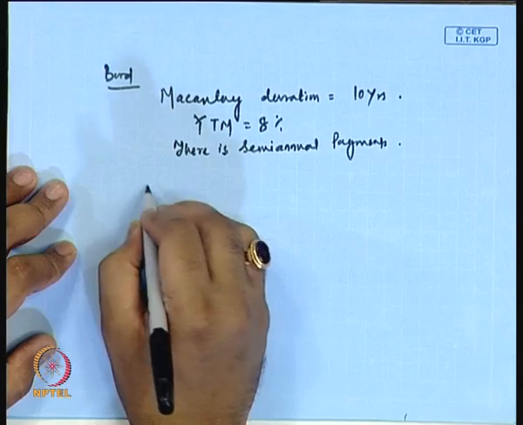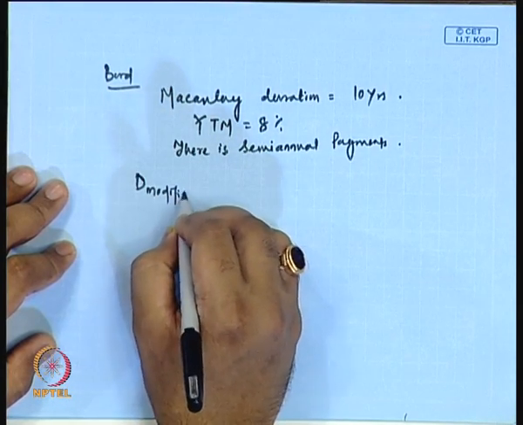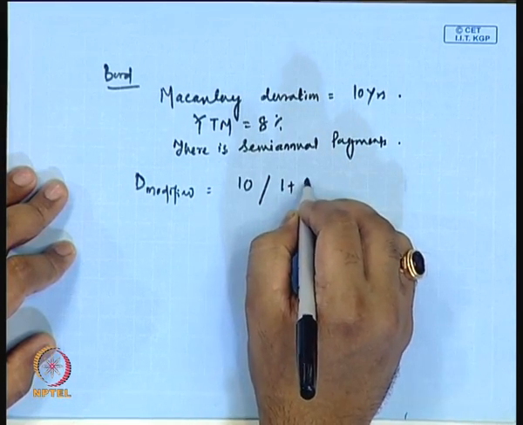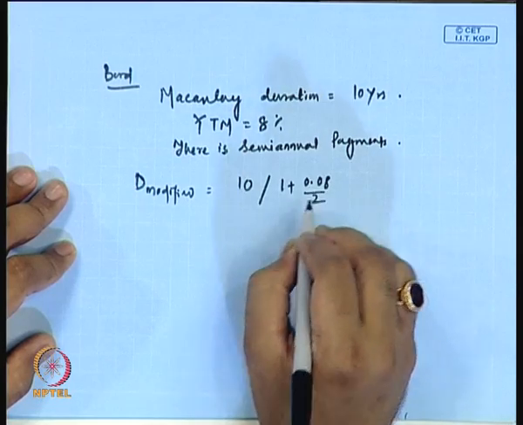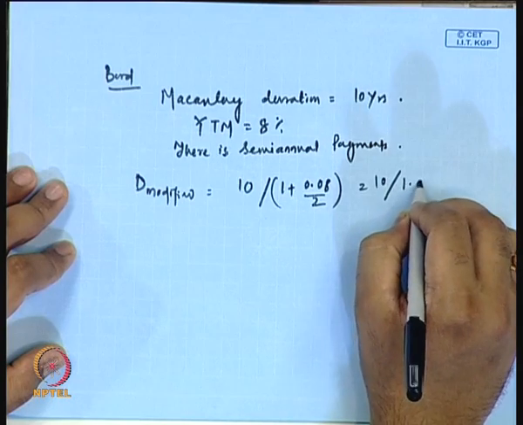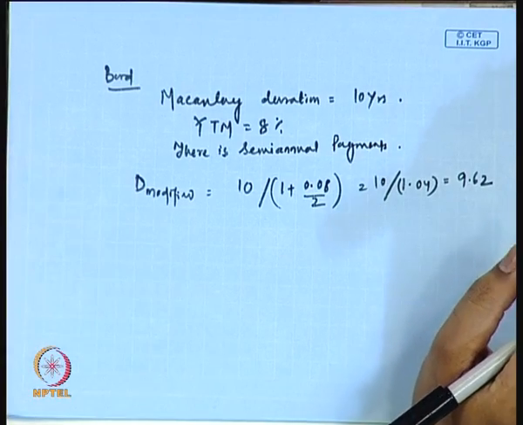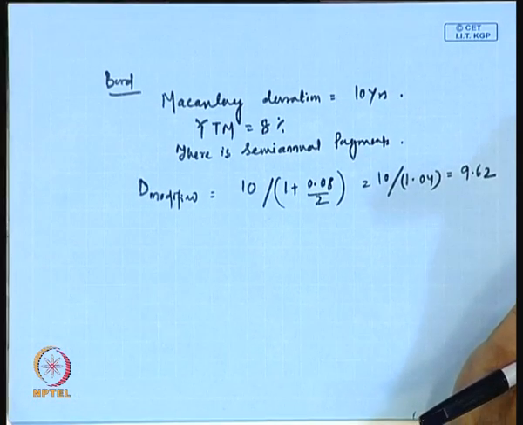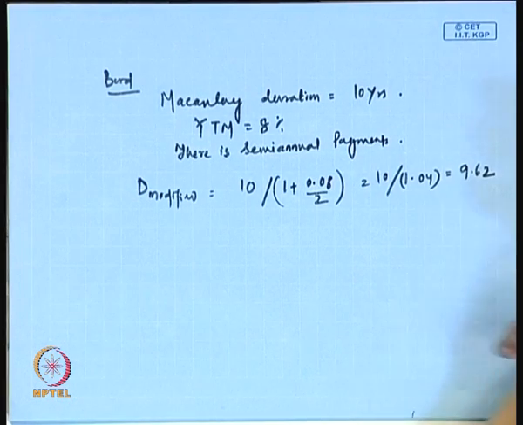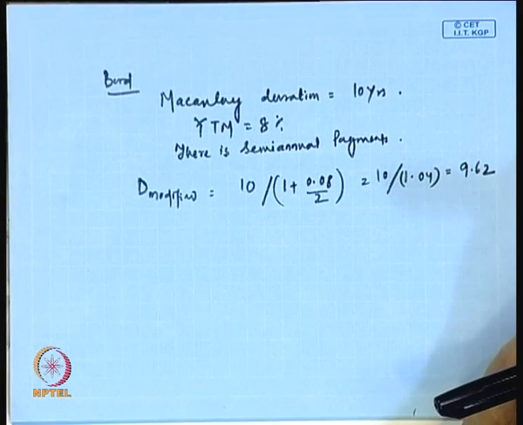Then the modified duration will be 10 divided by 1 plus 0.08 by 2, that is 10 by 1.04, which is 9.62. So the modified duration is nothing but an adjusted measure of duration, adjusted for the number of payments in a particular year.